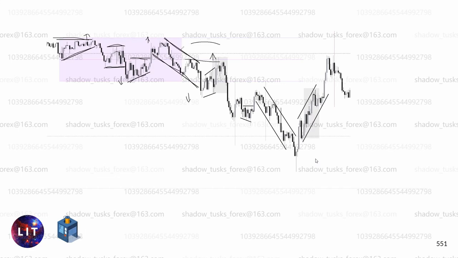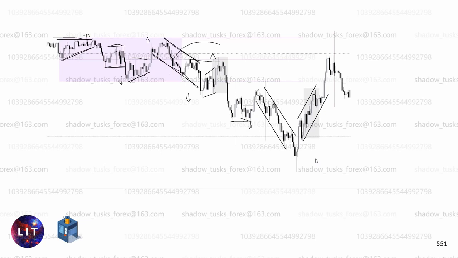Also, what is this little line right here? The midline. So that's another additional confluence. And then again, probably wouldn't draw that like this, would more draw it like this with your equal lows.